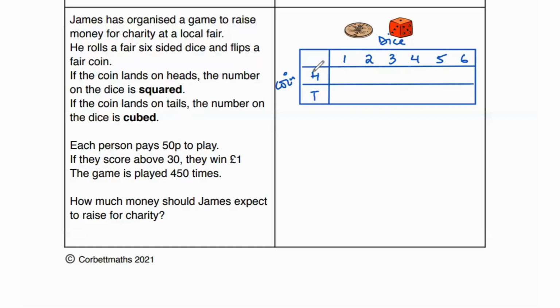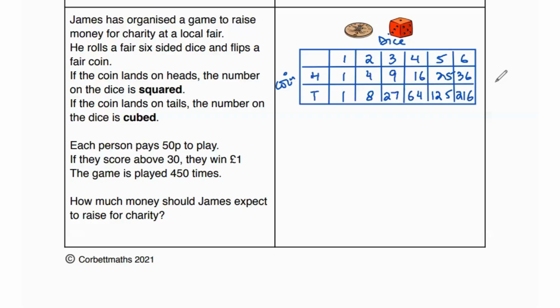So if we get a heads, the numbers on the dice are squared. So it's going to be 1, 4, 9, 16, 25, and 36. Then if we get tails, the numbers are cubed. So 1, 8, 27, 64, 125, 216.